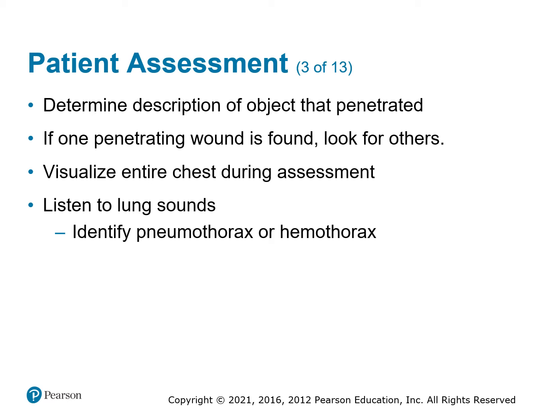It could be that one is an entrance, one is an exit. At that point, it's not going to matter. You're going to treat them both as penetrating injuries. It's also very important to relay any entrance wounds slash exit wounds when you give your radio report so that the ER can be fully prepared for what you're bringing into them.